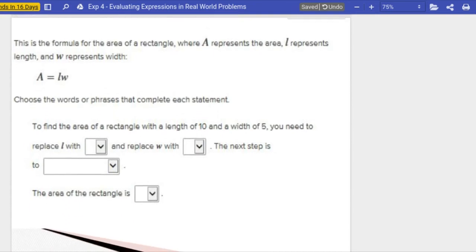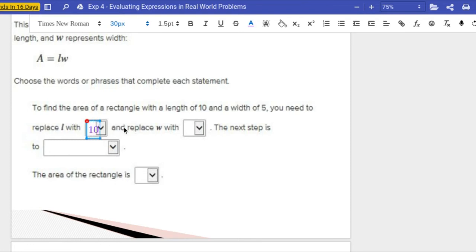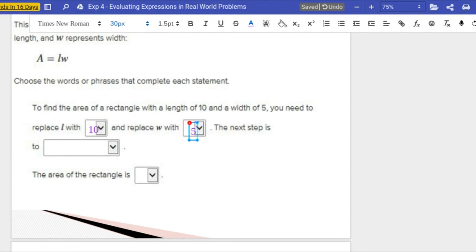All right, this is just a little fill in the blank. The formula for the area of a rectangle, where A represents the area, L represents length, and W represents width, is area equals length times width. To find the area of a rectangle with a length of 10 and a width of 5, we replace the L with the length, which is 10, and the W with the width, which is 5.